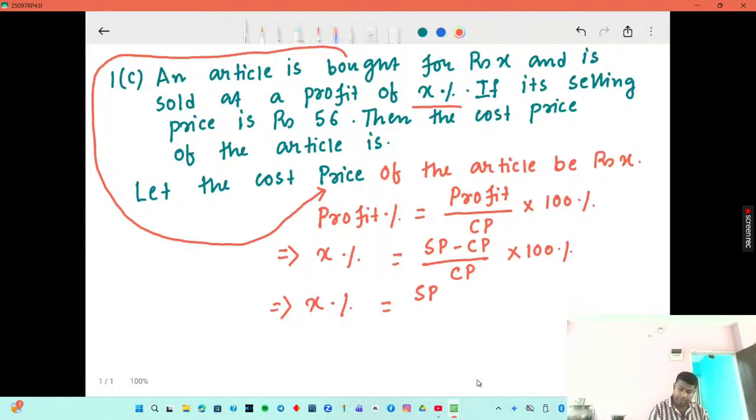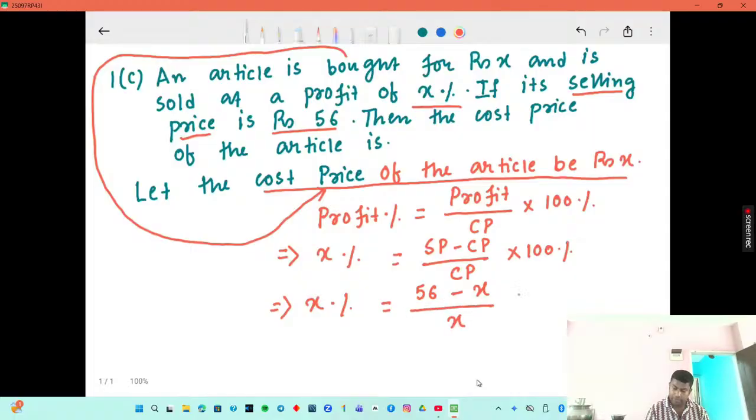What is the SP given? In this question, the value of SP is given, and the value of SP is 56. Here, the selling price of this article is given as rupees 56, as you can see here. What is the selling price of this article? The selling price of the article is 56 minus what is the value of CP? The value of cost price is X. We are just putting the values in the respective position, and we are doing nothing else.